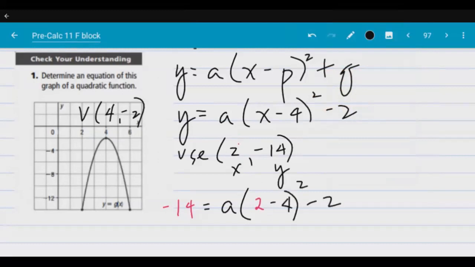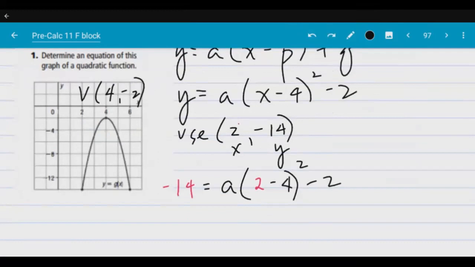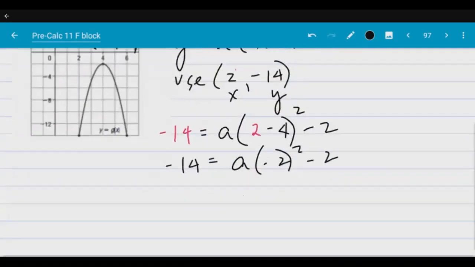All I did was, from here, when I plugged in the p, q values of the vertex, I chose a point on the graph, the point (2, -14), and I used its x, y values in place of the x, y here. All right, and then let me simplify. -14 equals a times (-2) squared minus 2. -14 equals 4a minus 2, because (-2) squared is 4.